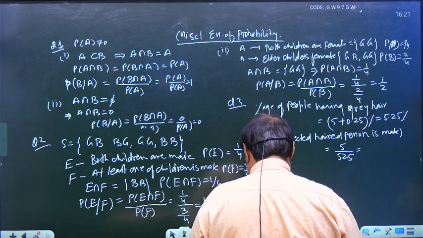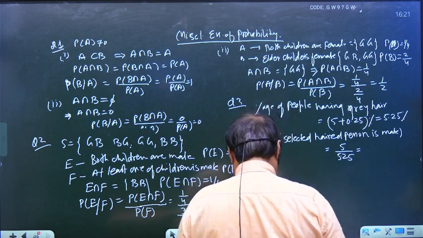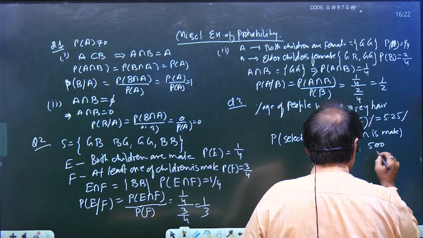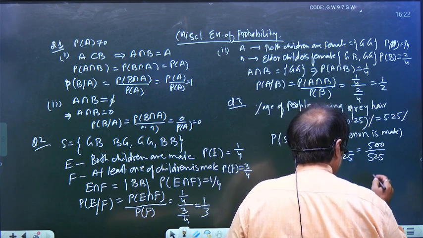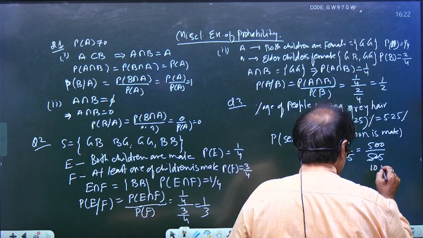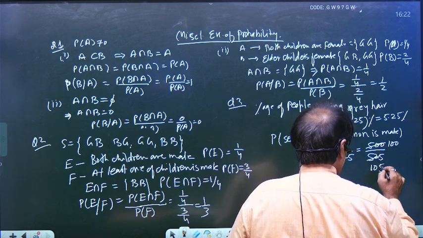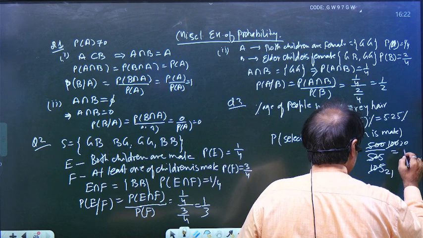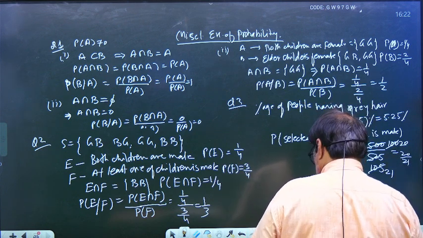So this will be cancelled out. So this is 500 upon 525. 5 tens are 50 and 5 fives are 25, so the answer is 20 upon 21. This is the answer.